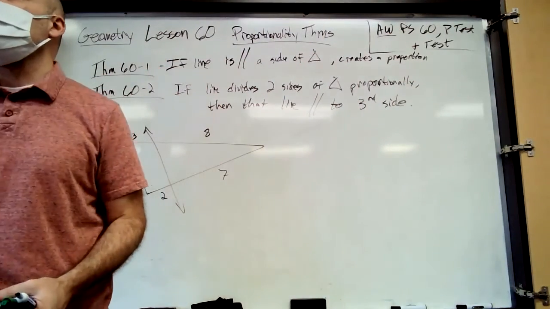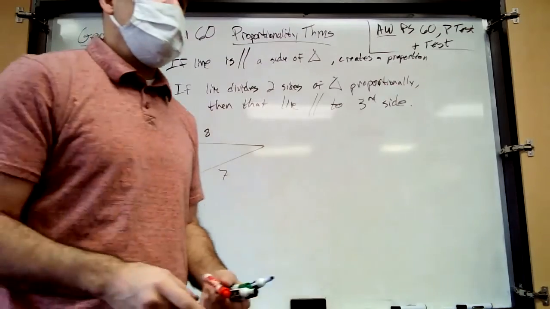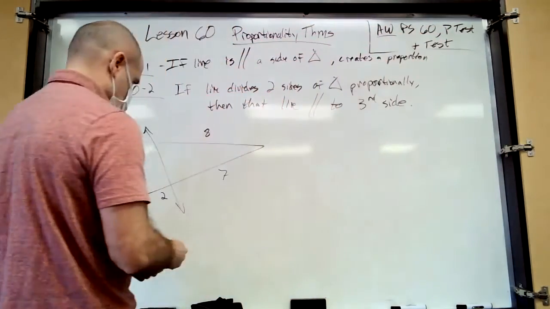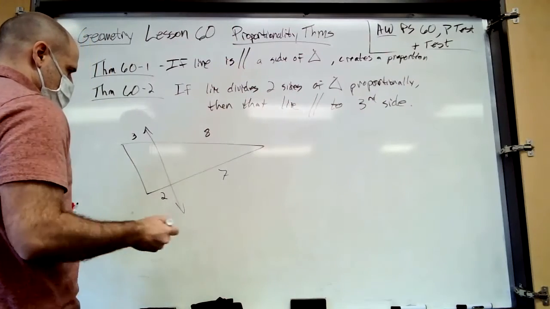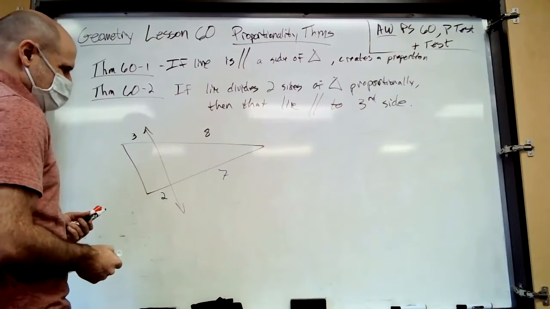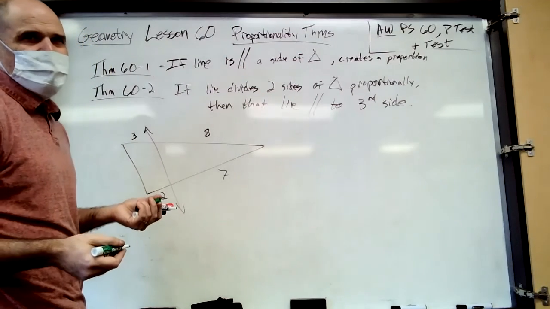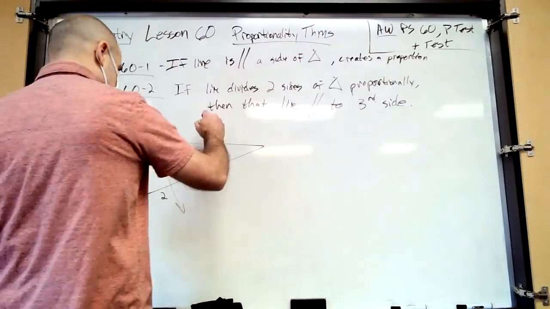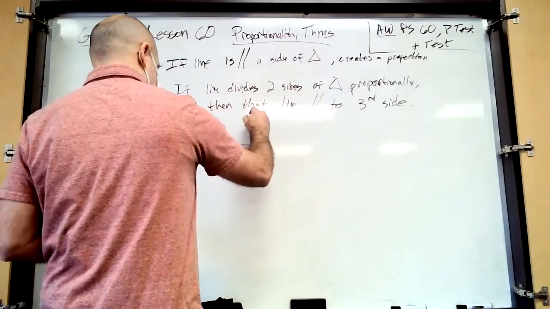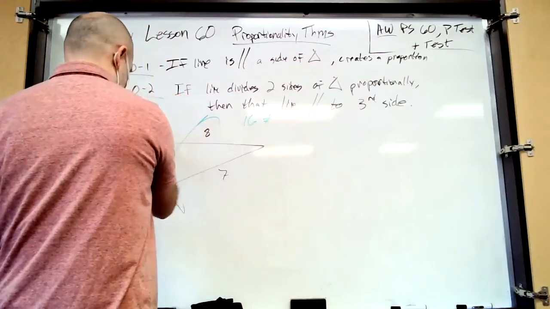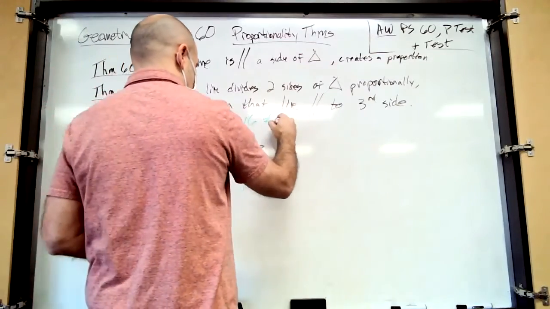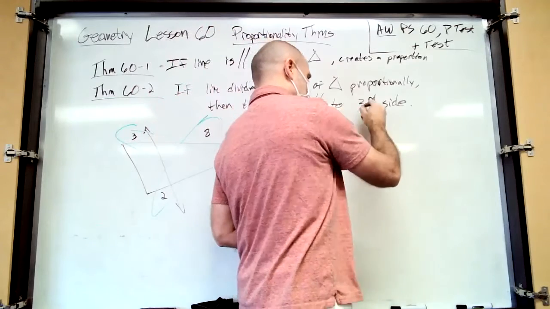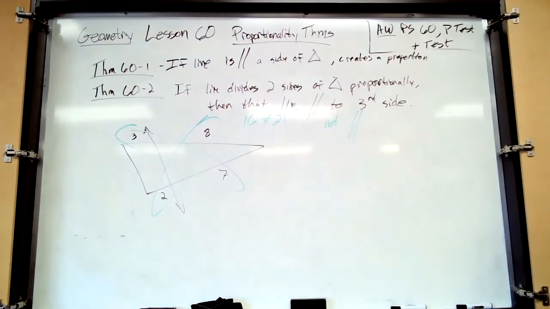Who said what? It's not proportional. How do you know that? Because 3 and 2 is not proportional to 8 and 7. Yeah, you just know that because you have a basic knowledge of fractions. 3/2 does not equal 8/7. But 16 does not equal 21. So therefore, not parallel. It's in green.